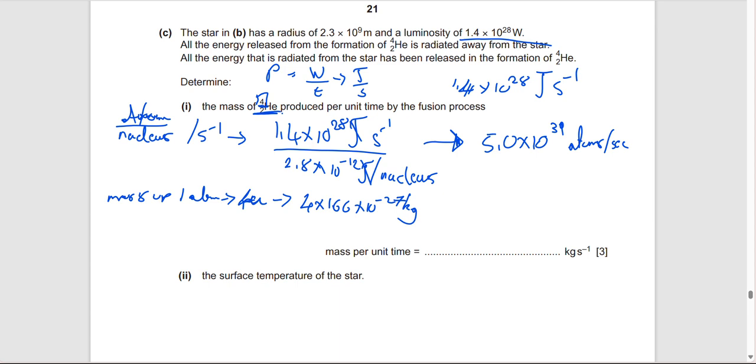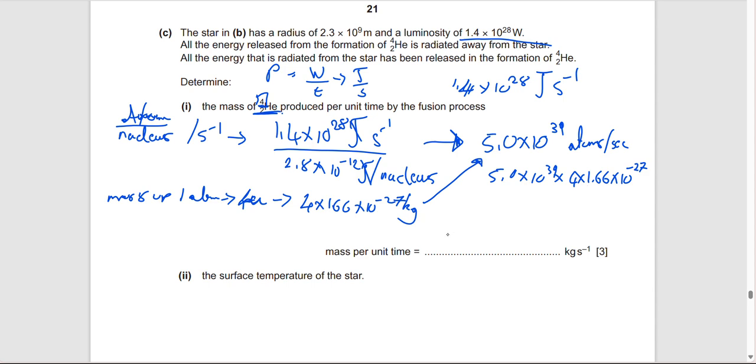Now, when we multiply it with that, we have 5.0 × 10^39 multiplied by 4 by 1.66 × 10^-27.